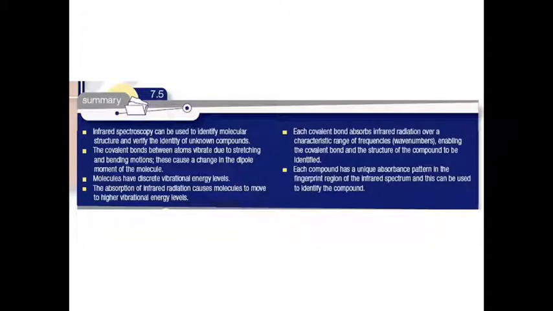Okay, we're there. Let's just see what we've got here. We're saying that infrared spectroscopy can be used to identify molecular structures and verify the identity of unknown compounds. The covalent bonds between atoms vibrate due to stretching and bending motions. These cause a change in the dipole moment. Oh yeah, the dipole moment, I better talk about that.